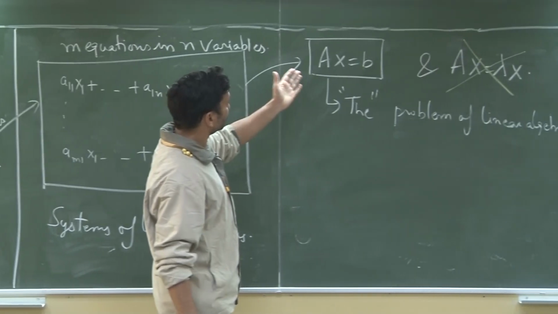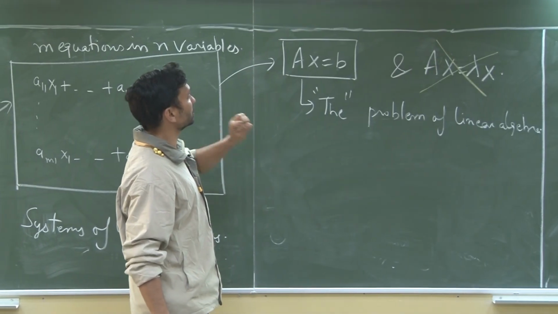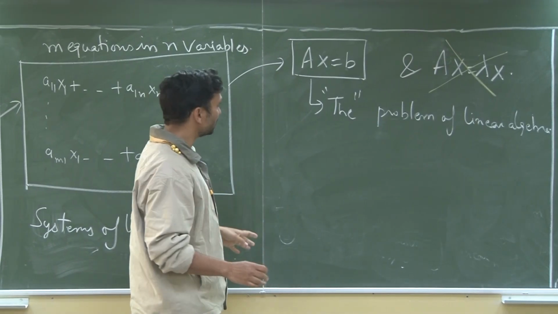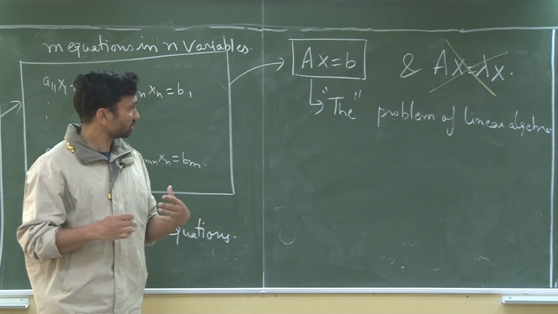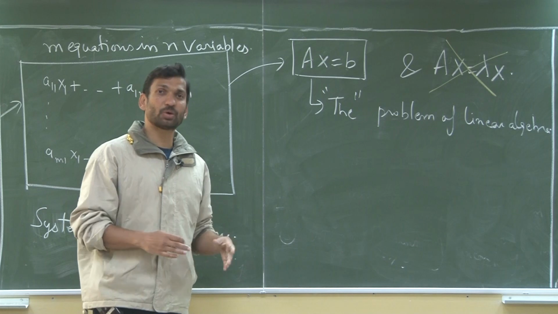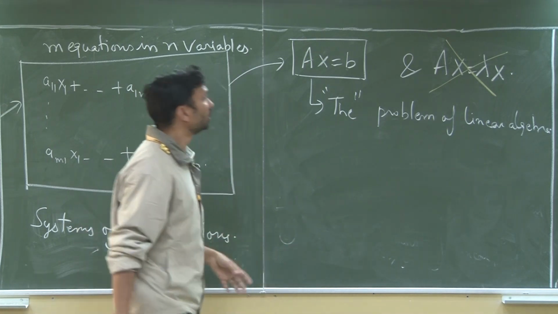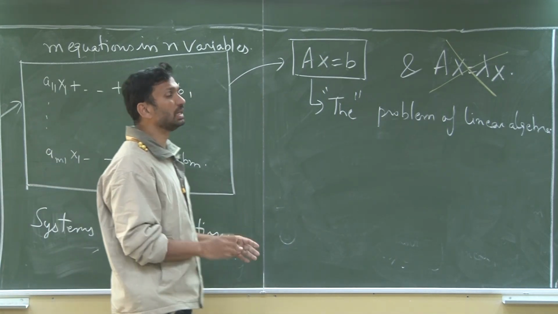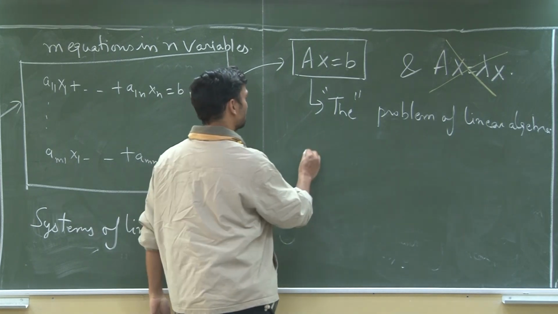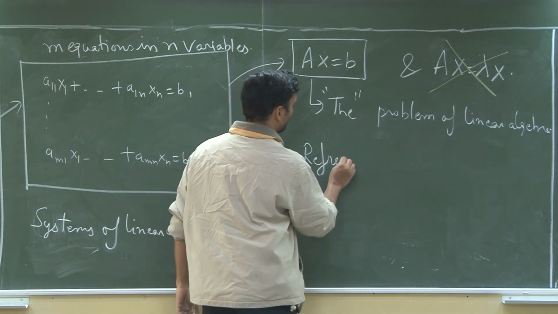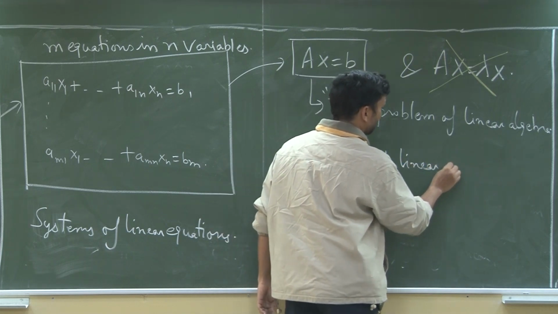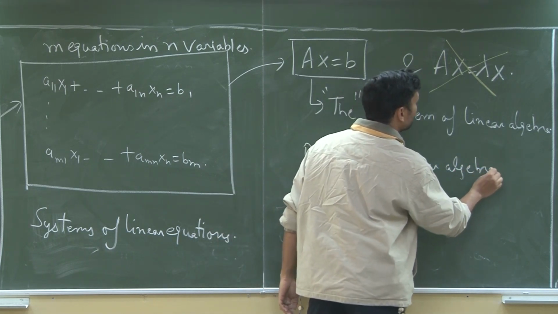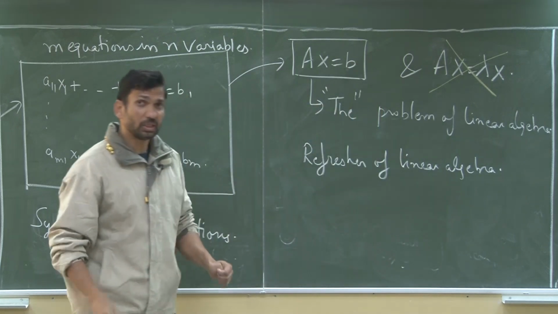This problem has been solved in many ways. I'm almost sure you must have seen this in your basic mathematics course in engineering. So this lecture is basically a refresher of the part of linear algebra which talks about solving Ax equal to b.